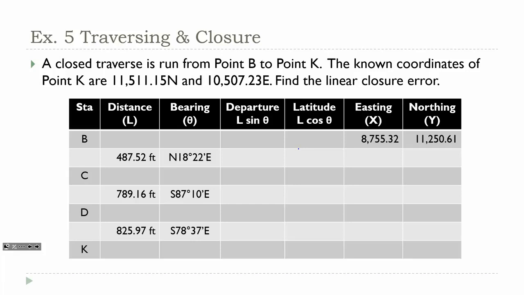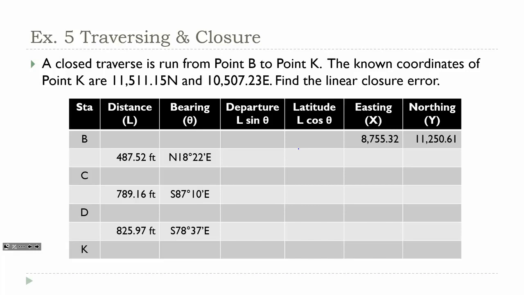So assuming we have this polygon closed traverse from point B to point K, and we have the known coordinates of, actually this says point K. Okay, so we're going to go through and calculate the coordinates of point K. This is a screwy problem.